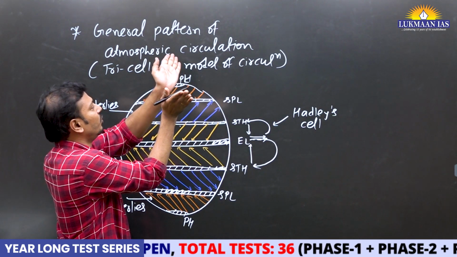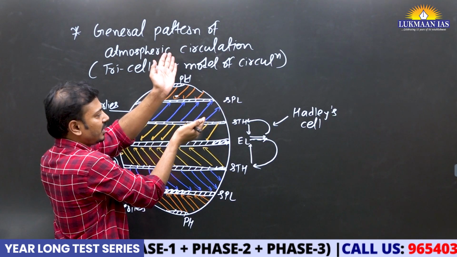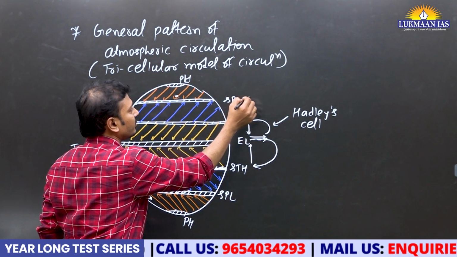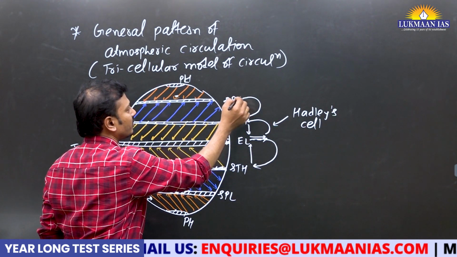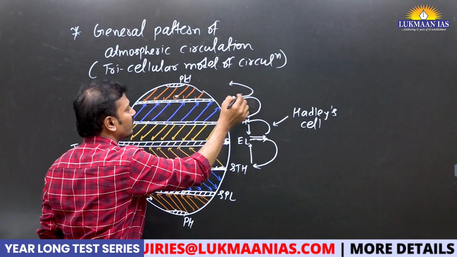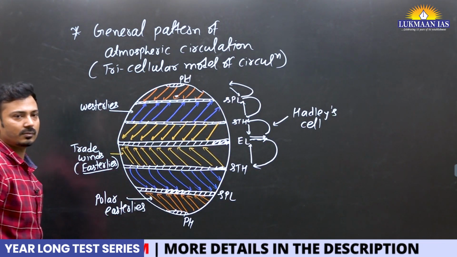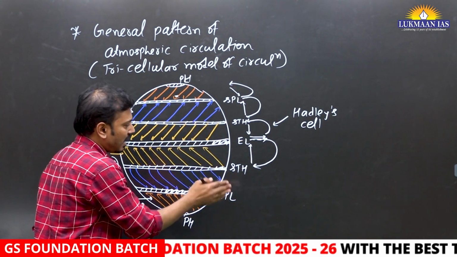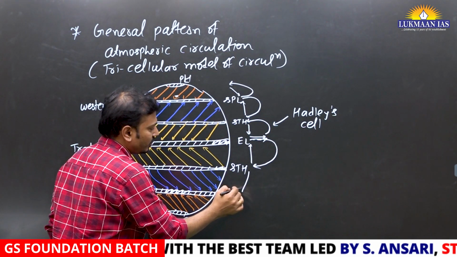Some of it will move towards the polar high, some towards the subtropical high, like this. Okay? It is happening in both hemispheres.